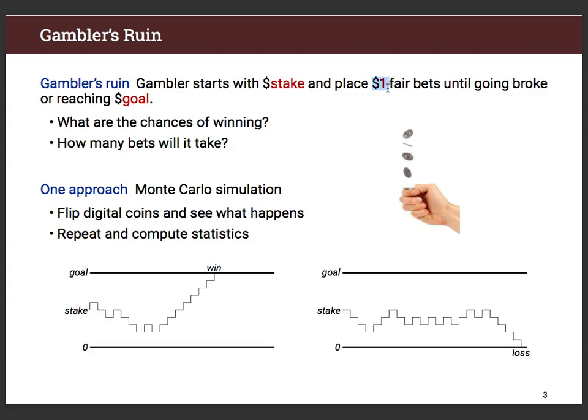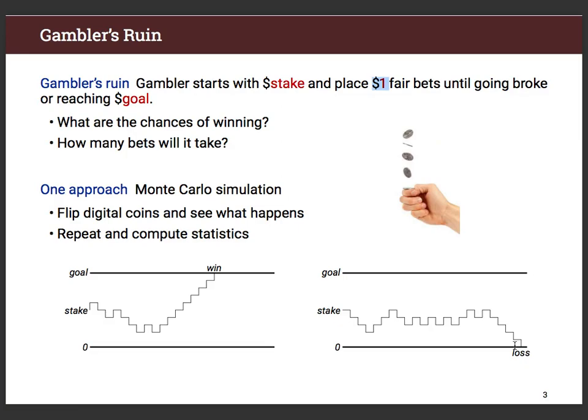But if he's wrong, he loses his dollar. So after every coin flip, he either gets an additional dollar or loses a dollar. His fortune goes up and down. He starts with his stake, let's say $10, and it goes up and down based on the coin flips. And if he gets to some goal, like $20, if he's doubled his money, he wins. And if he gets down to $0, he loses.